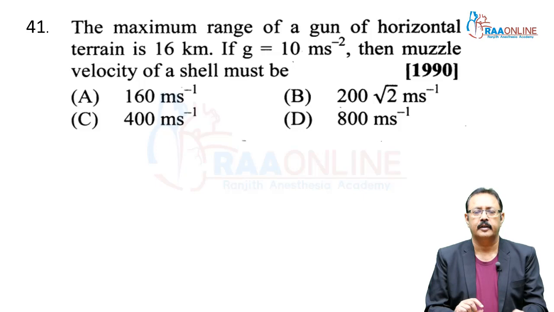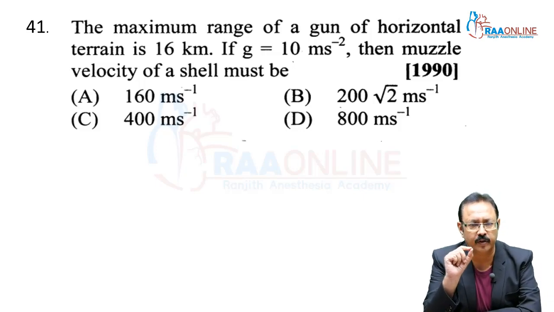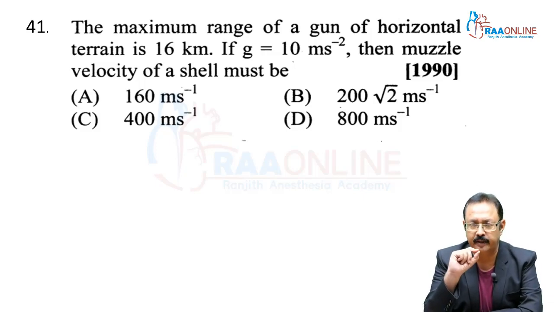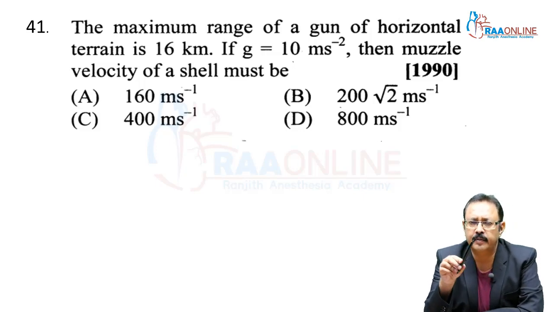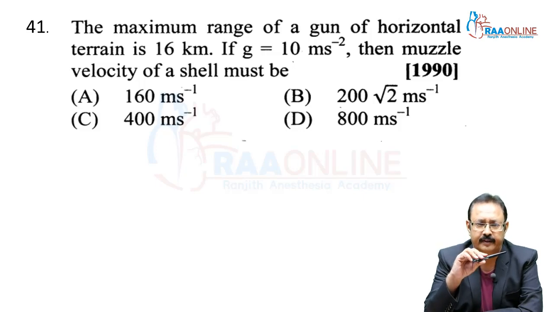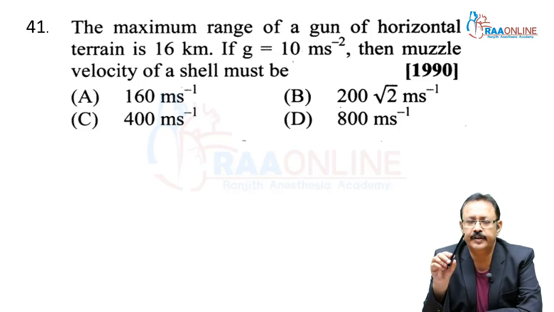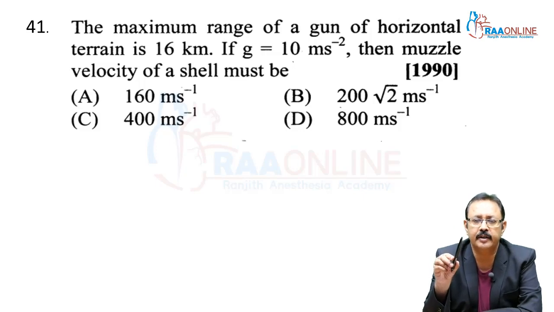41st. The maximum range of a gun on a horizontal terrain is 16 km. If g is 10 meter per second square, then the muzzle velocity of a shell must be. You set your gun for maximum range.